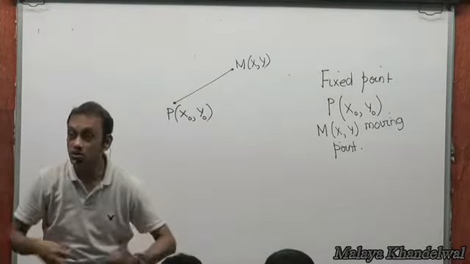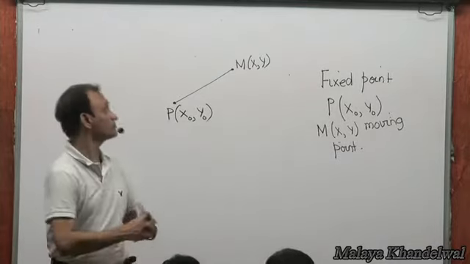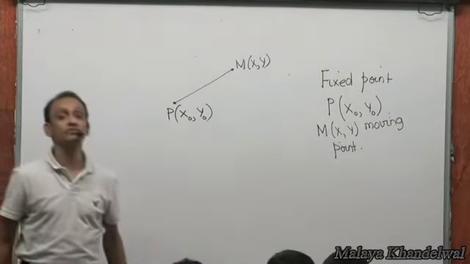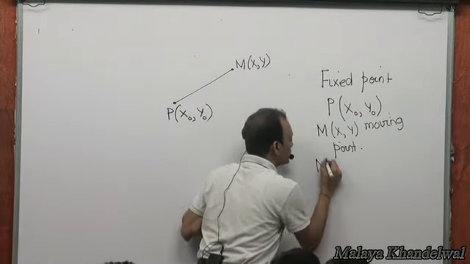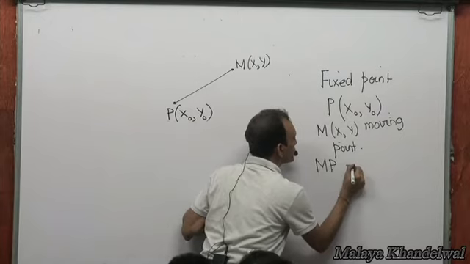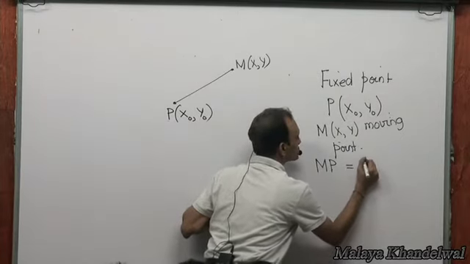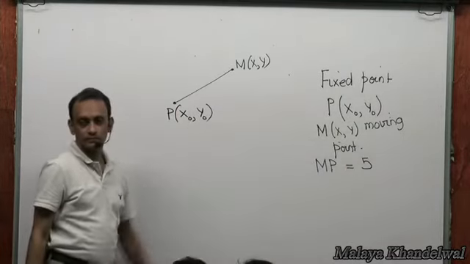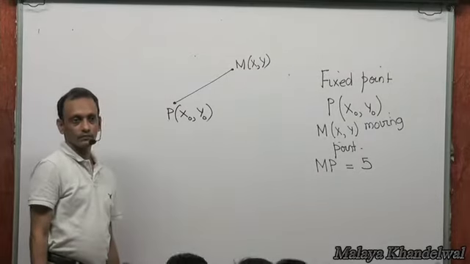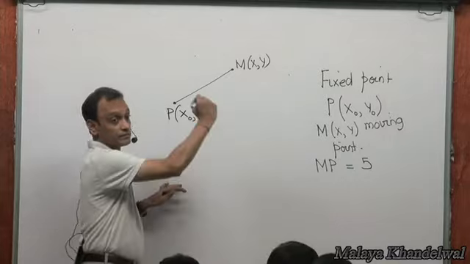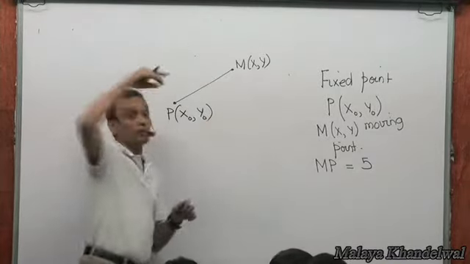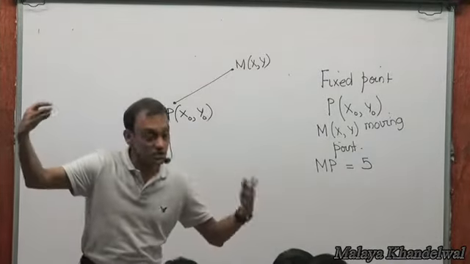Say this point subscribes to the condition that MP, the distance between M and P, is 5 units. That means on the path that it describes, there is not just one point M for which this distance would be 5 units.